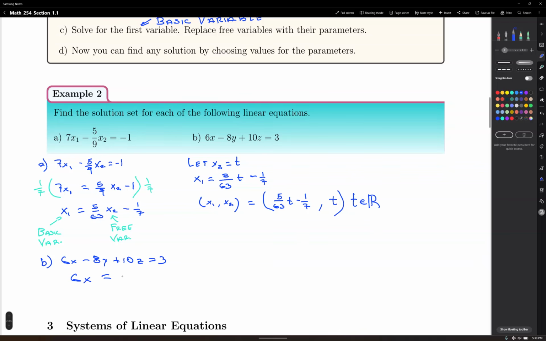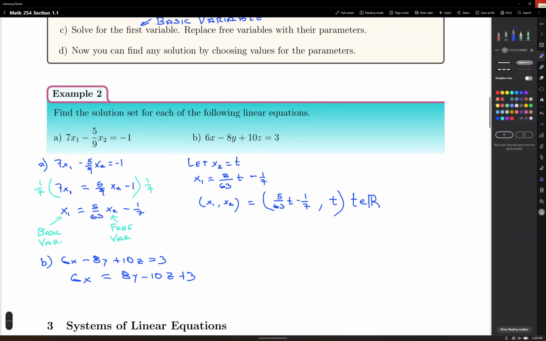So 6x equals 8y minus 10z plus 3. All right. In this case, how many free variables do we have this time? Two. So we're going to use two parameterizations, really.